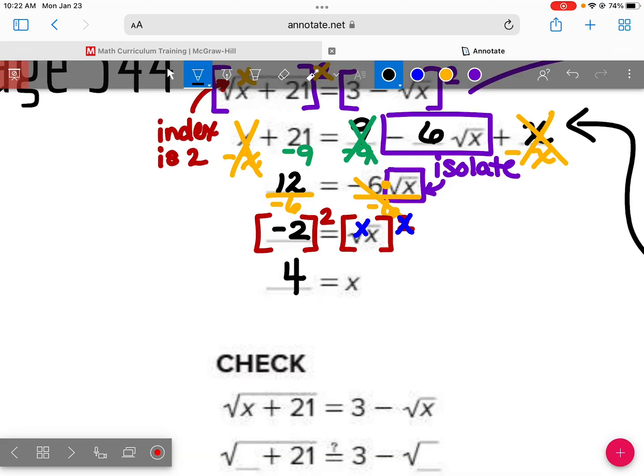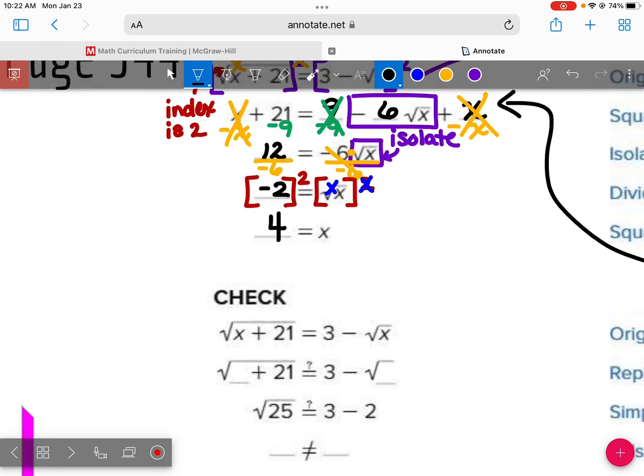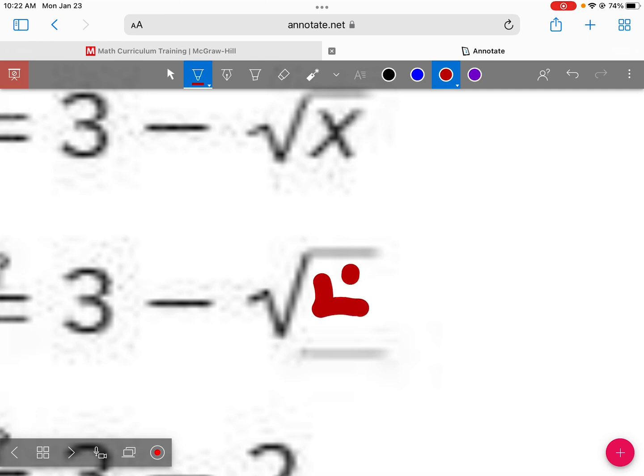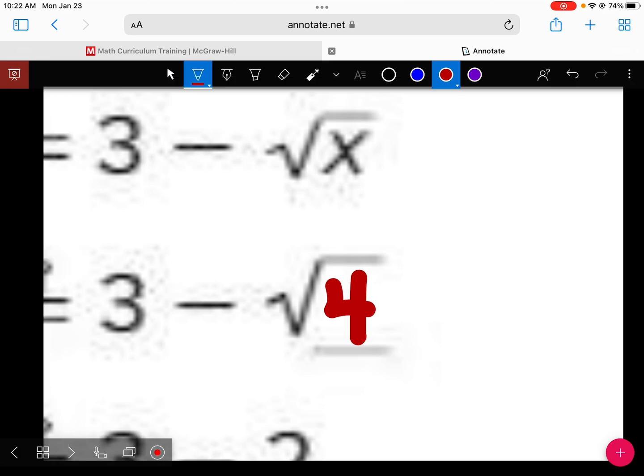All right, let's go through and check this now. What are we putting in the place of the x's? 4. So underneath the radical on the left, I have 4 plus 21. Underneath the radical on the right, I have just a 4. Anywhere I see an x, I'm replacing it with a 4.